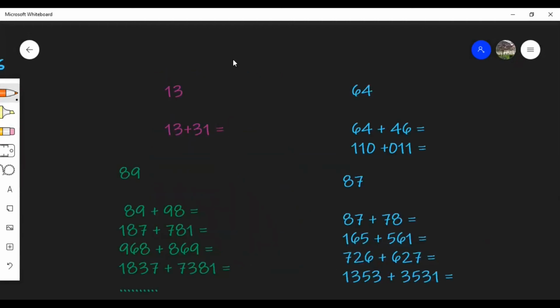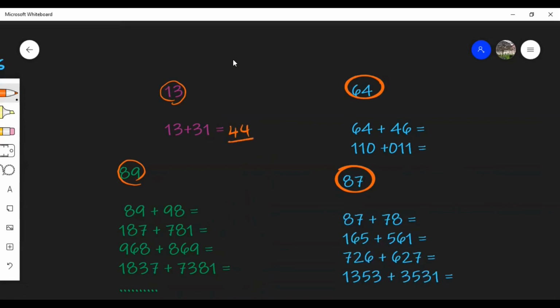Now, other numbers that would give you palindromic results are, for example, 13, 64, 87, and 89. Let's try and see how you can get palindromic numbers from these numbers. If you take 13, you add it to the reverse of it, that means 31, it will give you 44.